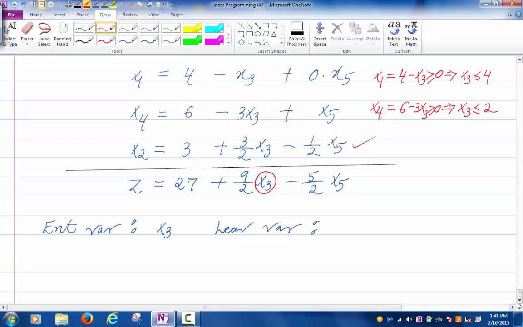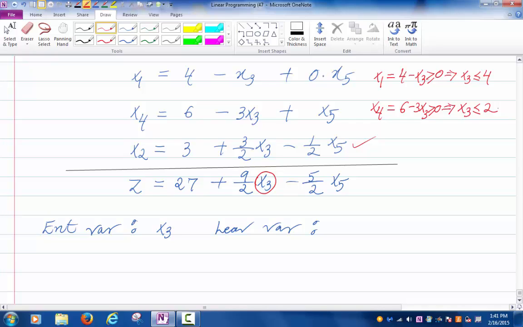The last one, do I need to write that? You see that in the last equation I can make x3 as big as I want. It doesn't make x2 negative, right? When you have a positive coefficient for x3, notice that I can make x3 as big as I want. This will still be positive. So it doesn't put any bound on x3.